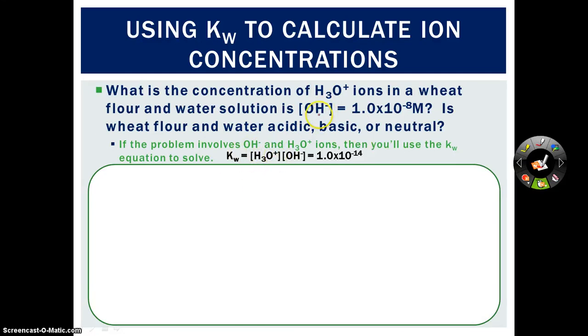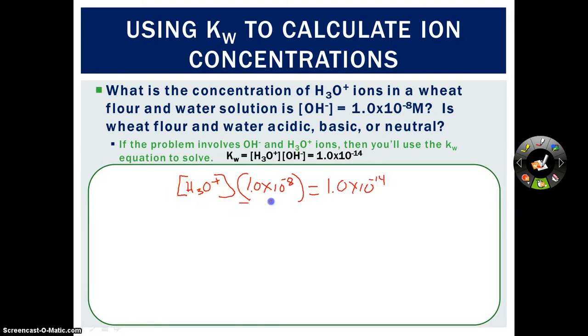Whenever you know one concentration and you want the other, set it equal to 1 times 10 to the negative 14. So hydronium is what I'm trying to find, so I'm leaving that in as a variable, times OH, hydroxide, which I'm given, 1 times 10 to the negative 8. And this is equal to 1 times 10 to the negative 14.